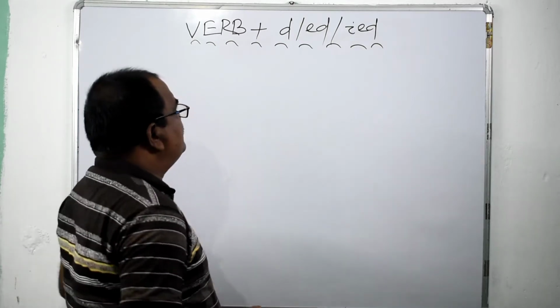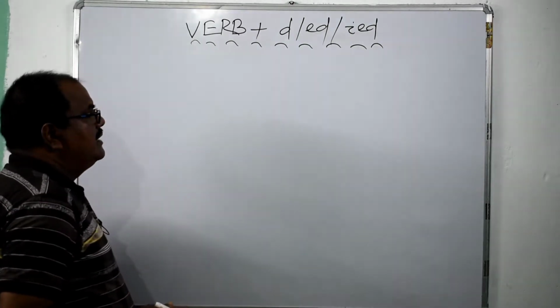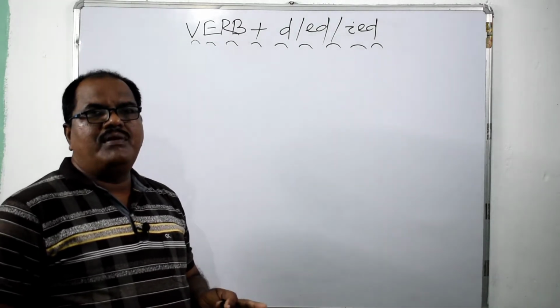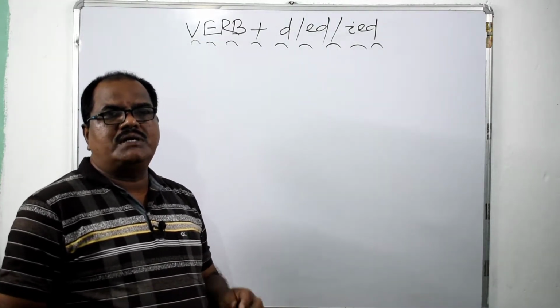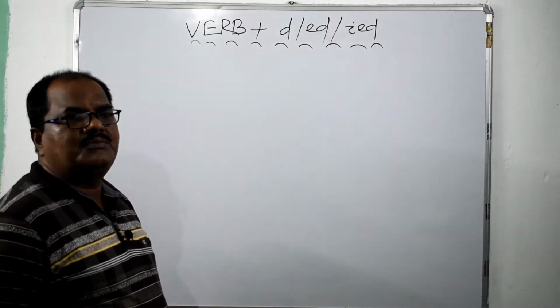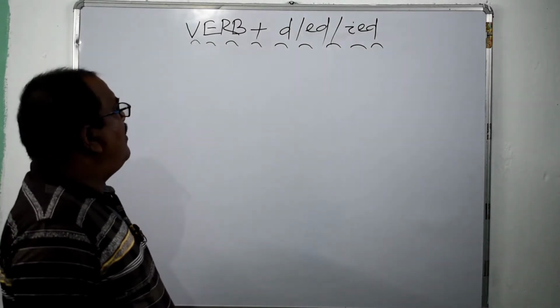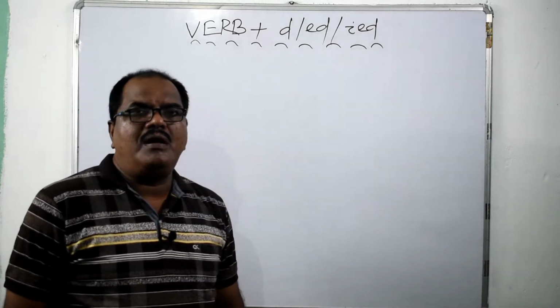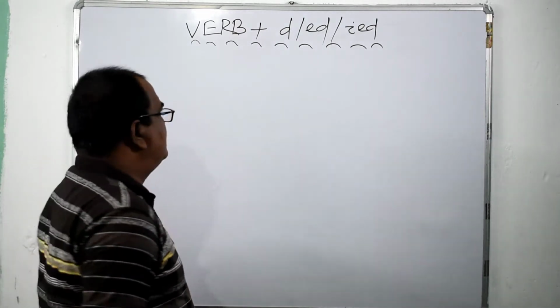So let us start the topic very smoothly, by which all of you will be able to understand the basic principles of how to form past and past participle forms of the regular verbs.